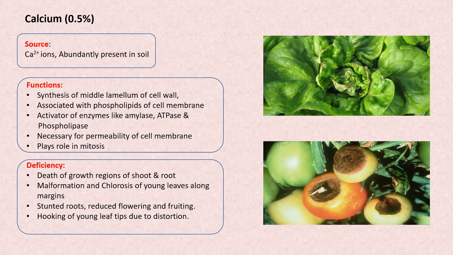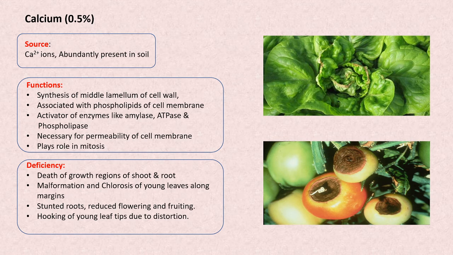What is permeability? The membranes do not allow all the molecules to pass through them. Only certain molecules, which are selectively permeable through the membranes, are allowed to pass through. So this permeability again depends on calcium ions.